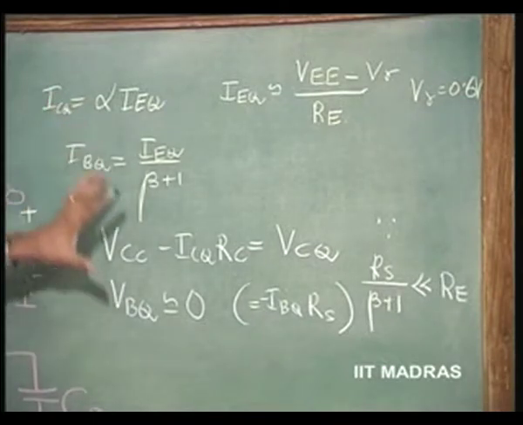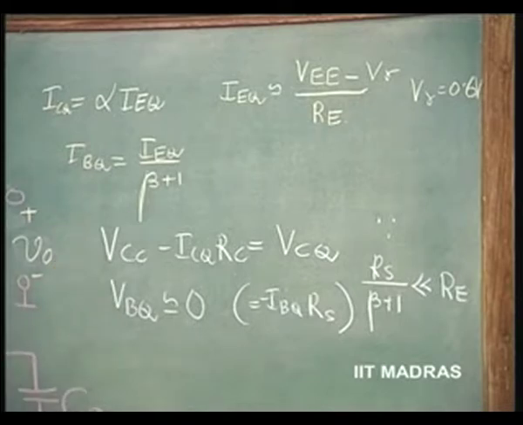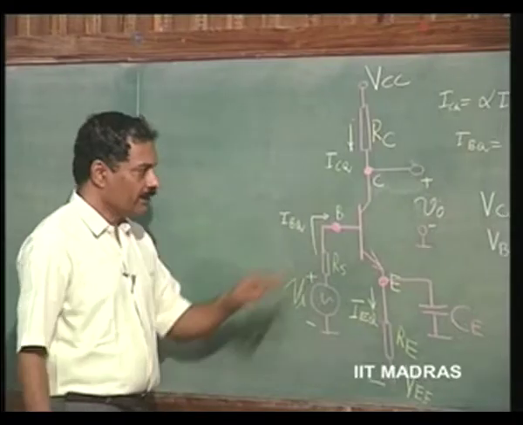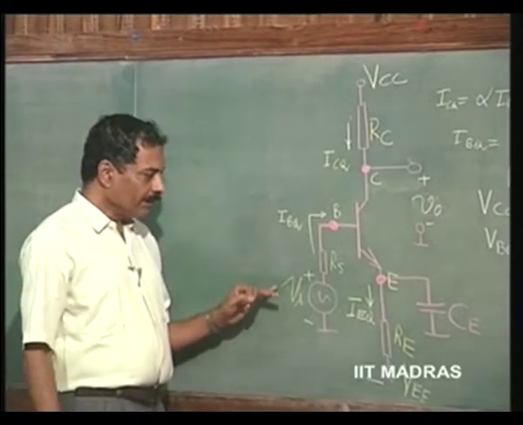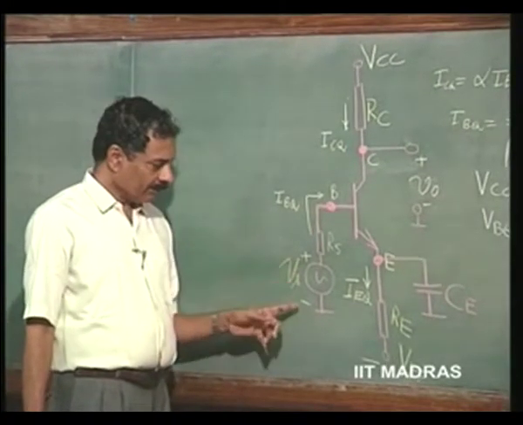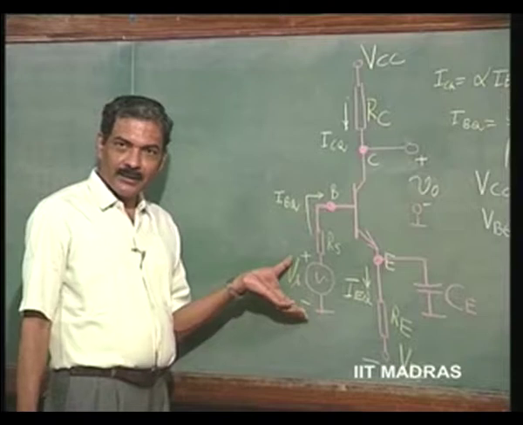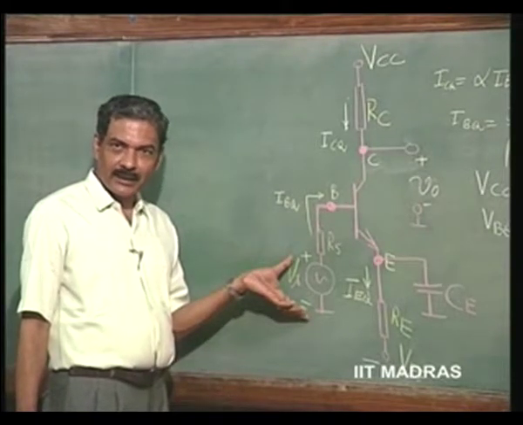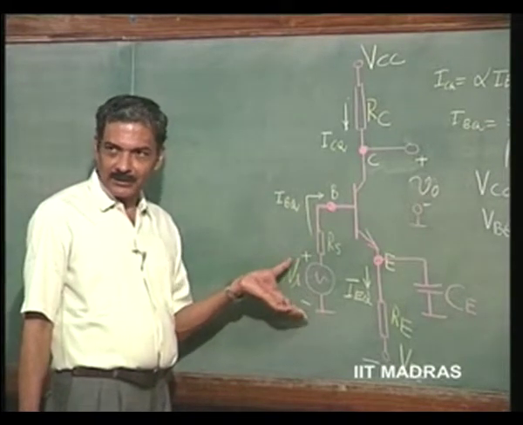This is what we had discussed so far. Now let us superimpose over this. Because of Vs, there will be a change in current. Let us say it is plus here, minus here, indicating that the voltage is increasing. Delta Vs is positive here.